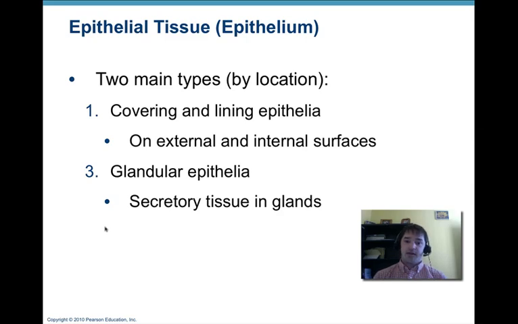Glandular epithelia are epithelial tissues that have developed to create glands, such as your endocrine glands, like your thyroid gland, your pituitary gland. Some other examples of glandular tissue are exocrine glands, your sweat glands. So these are a few examples. We'll get into more when we talk more in detail about glands.